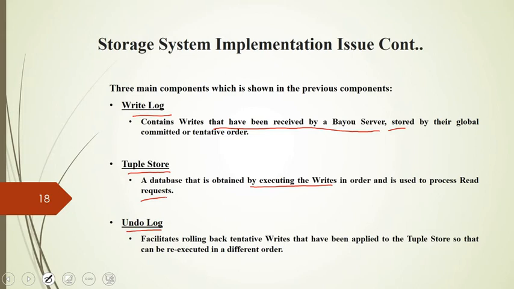So the main purpose is to facilitate the rollback of tentative writes that have been applied to the tuple store. These are the main components that make up the storage system of Bayou.